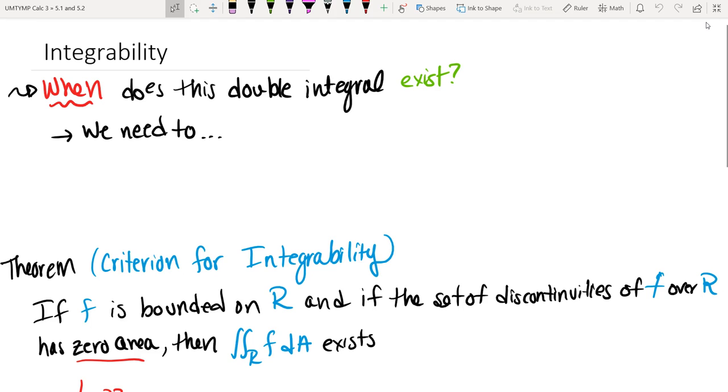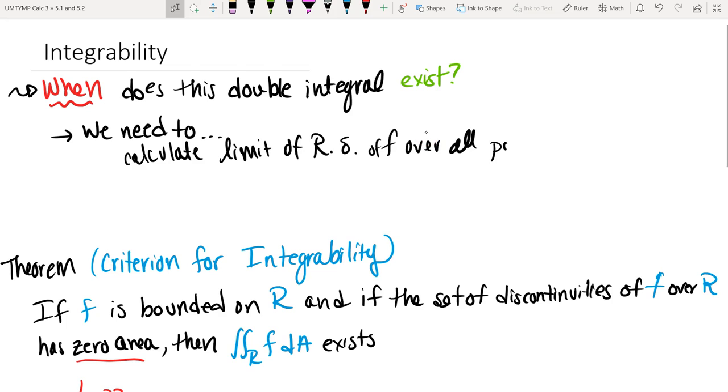So we would need to calculate the limit of the Riemann sums of f over all possible partitions, using all possible test points.